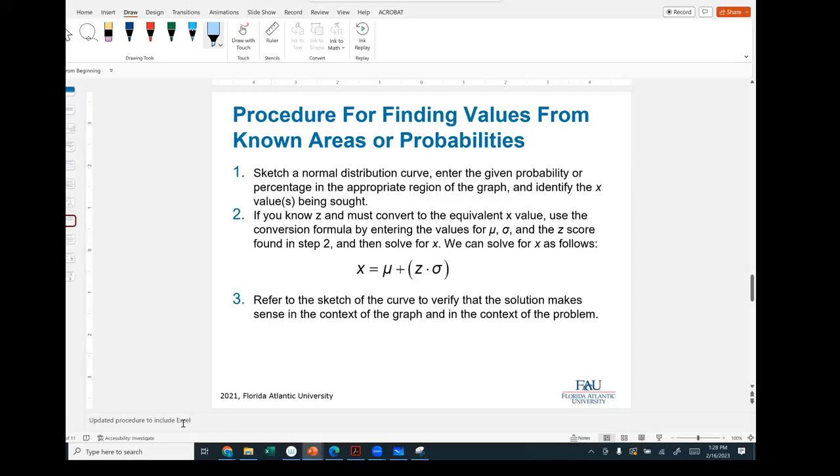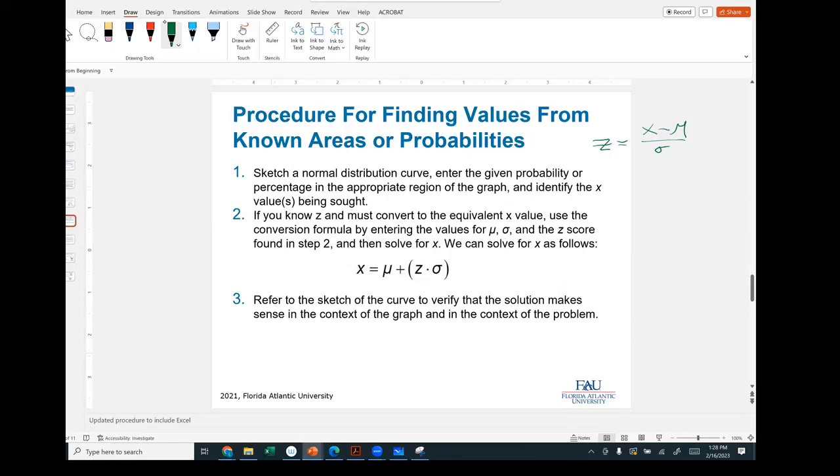You're going to be given some X value that you want to find. If you know the Z number, we have to know the standard deviation and the mean. And remember, our formula was Z equals X minus mu over sigma.